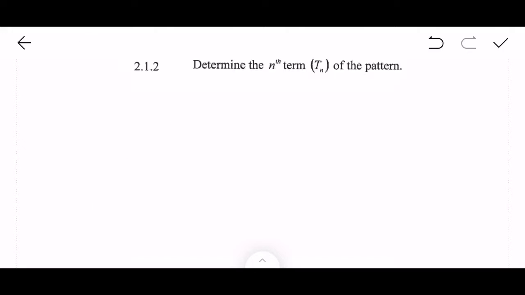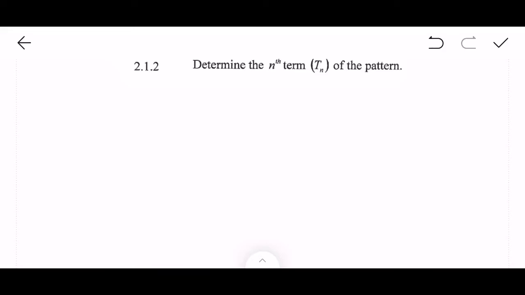The second question says determine the nth term, or Tn, of the pattern. So this is actually looking for the general formula of the pattern.